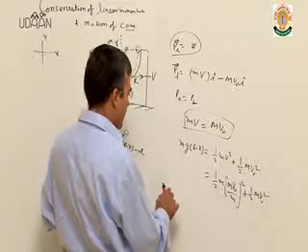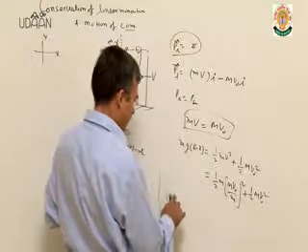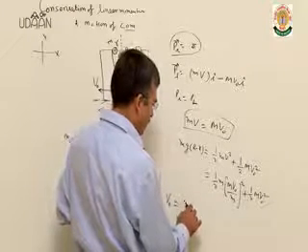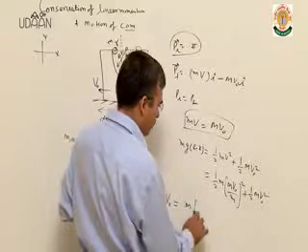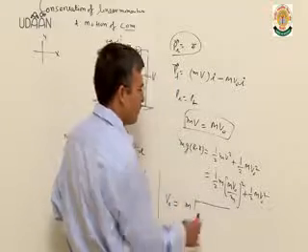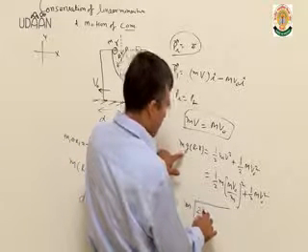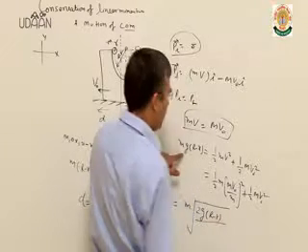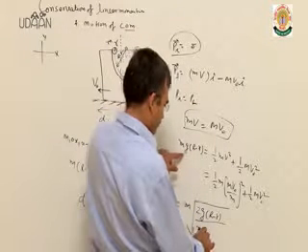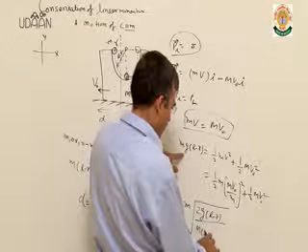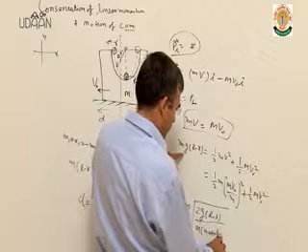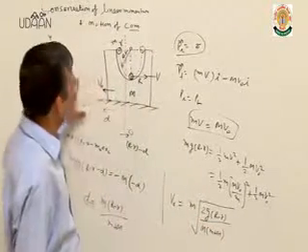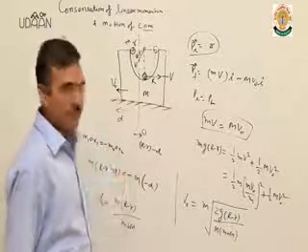If you simplify it, you will get V naught equal to m root of 2 g into r minus r divided by capital M into bracket small m plus capital M. It is the speed of the capital M block. Clear? Okay.